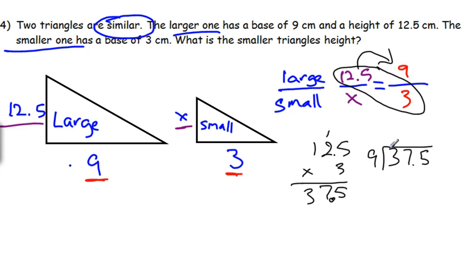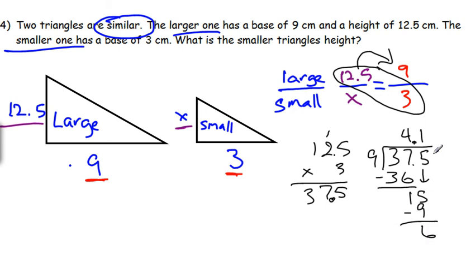Well, 9 will go into 37 3 times. Wait, that's not right. Because 3 times 9 is 27, but 4 times 9 is 36, and that's still less than 37, so that'll work. 4. We bring up the decimal, bring down the 5. 9 will go into 15 once. 1 times 9 is 9.